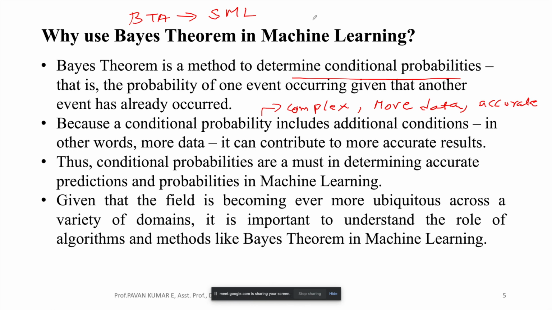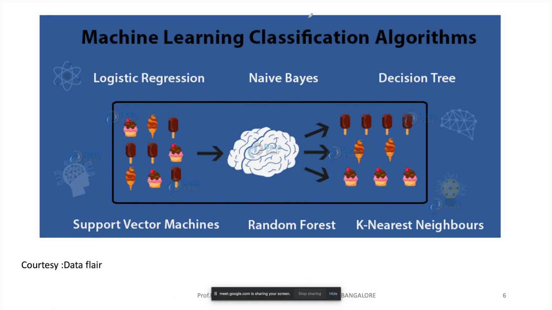Under that, take the ice cream example, where you have a network which is going to classify. Here I have mixed the data: chocolate-oriented ice cream, cone-oriented ice cream, and stick-oriented ice cream.